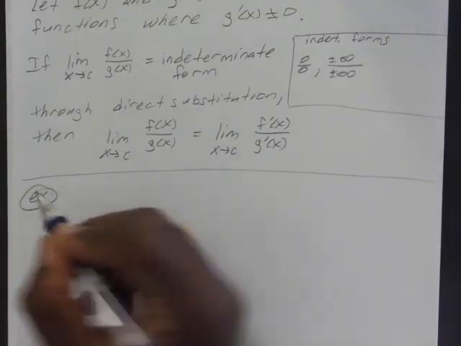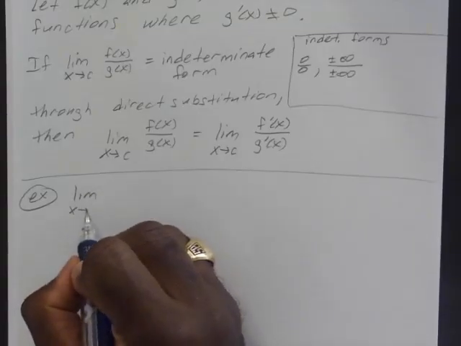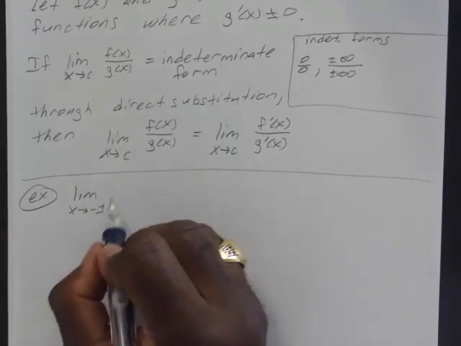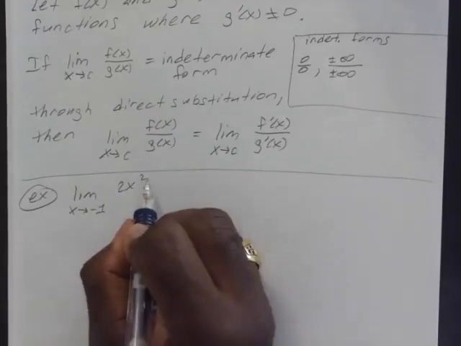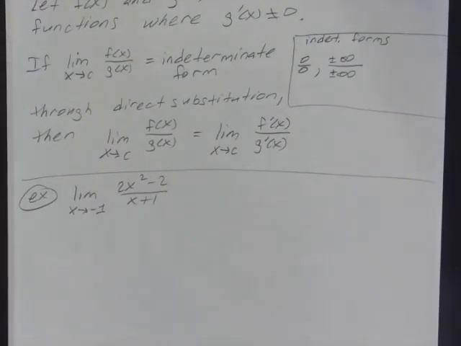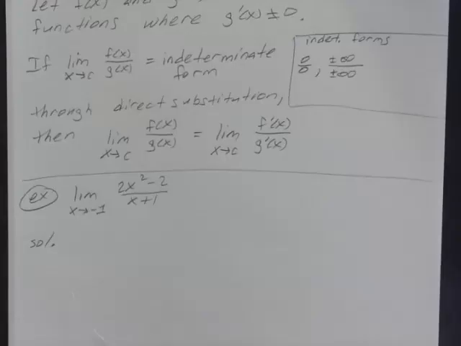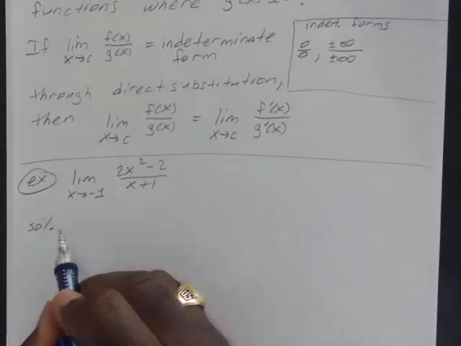Well, let's say, for example, we wanted to find the limit as x approaches -1 of 2x squared minus 2 over x plus 1. And yes, there are easier ways to do this one, but we'll just use this example for L'Hôpital's rule. Okay.